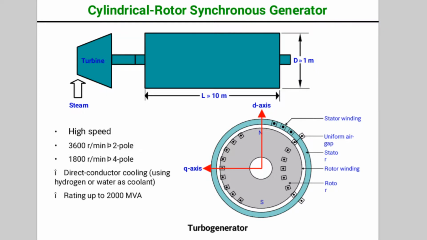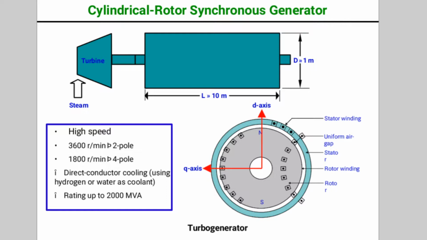The cylindrical rotor, that is the turbo generator, has high speed, 3600 revolutions per minute for 2-pole and 1800 rpm for 4-pole. It has direct conductor cooling using hydrogen or water as coolant, with maximum ratings up to 2000 MVA constructed.